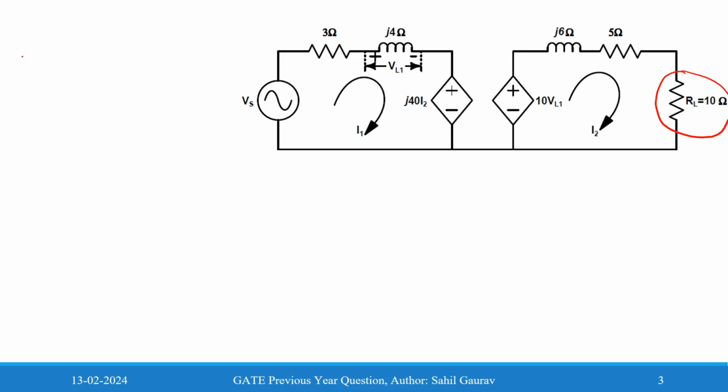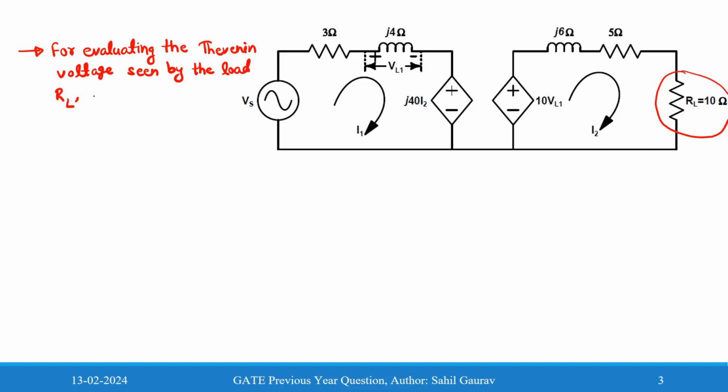So let us write one point here: for evaluating the Thevenin voltage seen by the load RL, we open the circuit across it.